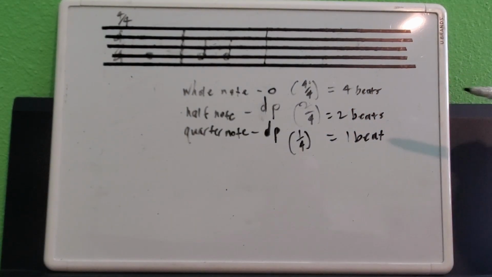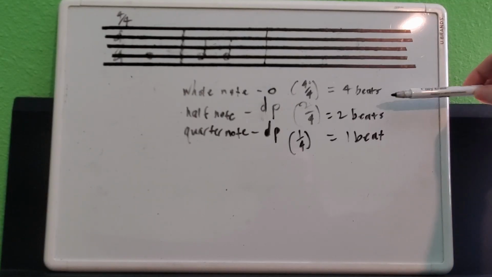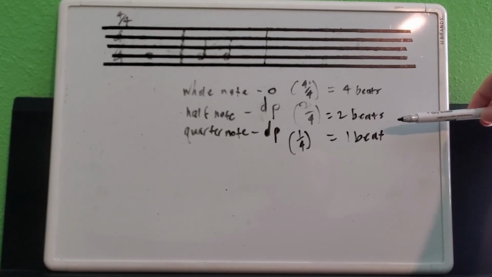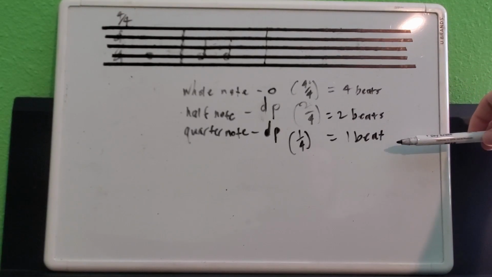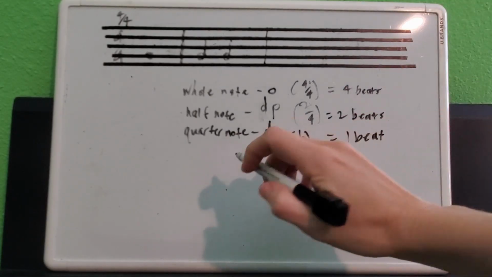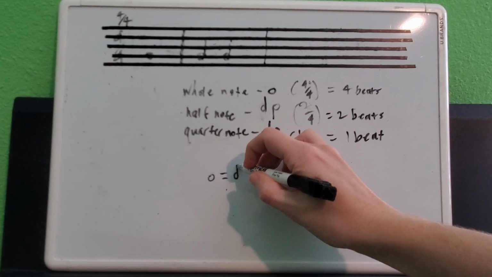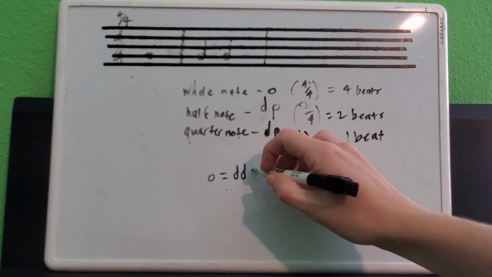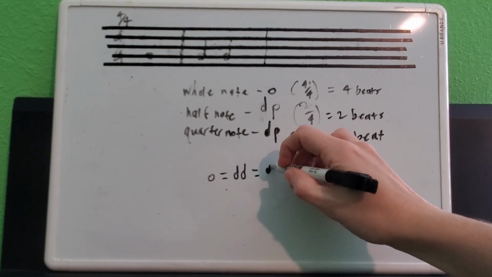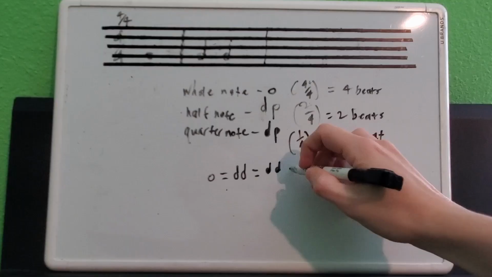So you can see there's kind of this progression. 4, we divide that in 2, we get a half note. We divide that one into 2, we get a quarter note. So you could also think of it as 1 whole note equals 2 half notes, which equals 4 quarter notes.